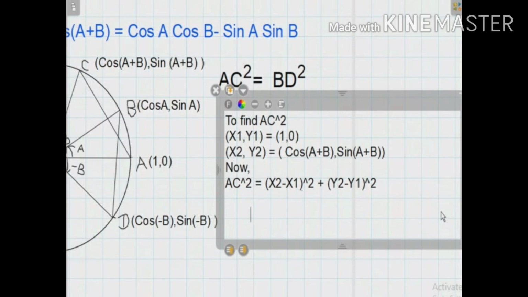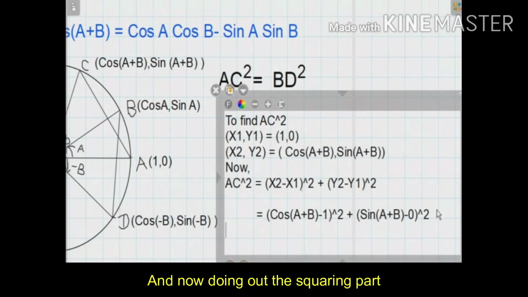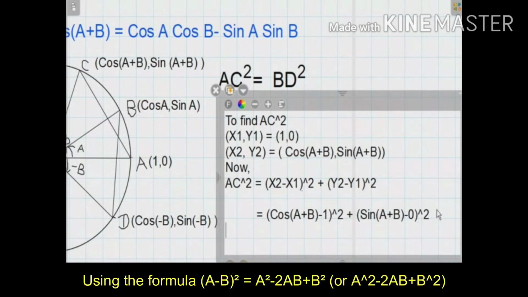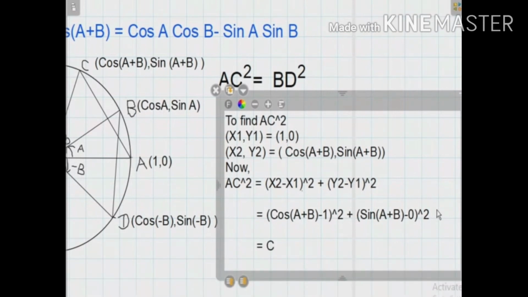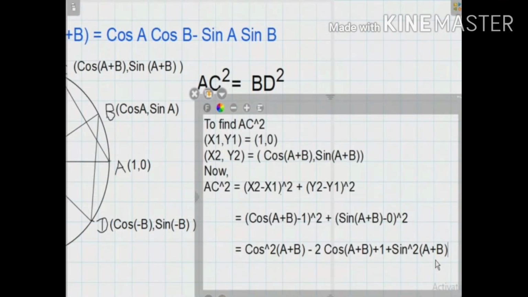Replacing values, we get AC square is equal to (cos(A+B) minus 1) square plus (sin(A+B) minus 0) square. And now doing out the squaring part, using the formula (a minus b) whole square is a square minus 2ab plus b square, (cos(A+B) minus 1) whole square becomes cos square(A+B) minus 2 cos(A+B) plus 1, and sin(A+B) square becomes simply sin square(A+B).